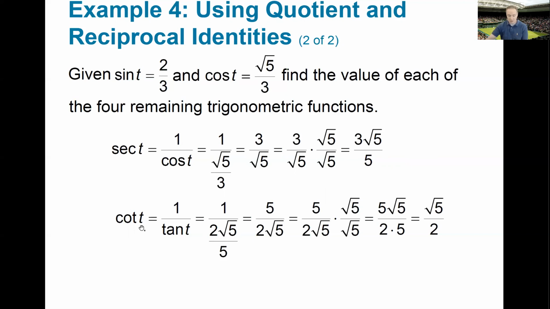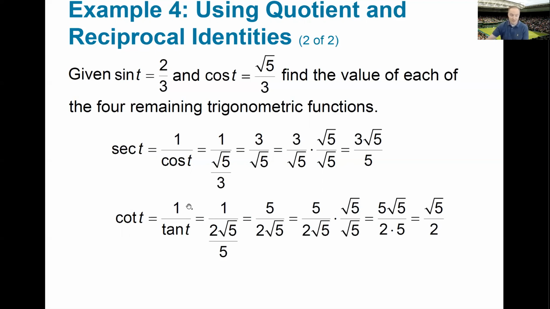For the cotangent, we know that that's just the ratio of cosine over sine. So you'd say, well, cosine over sine, or I have 1 over tangent there. I could just look up here and say cosine over sine. Well, that would be the root of 5 over 2, and the root of 5 over 2 is already rationalized.